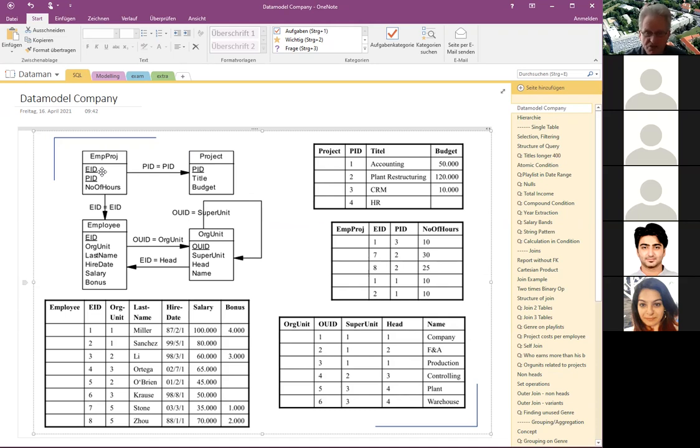And if we have such kind of key, that means that the combination of EID and PID values must be unique. Not each singular column by itself, but the combination must be unique. So we have the combination 1, 3, for example, and we have here the combination 1, 1. And that's no conflict, even though the number 1 appears 2 times here in that column, since in the other column it's different, so the combination is different.